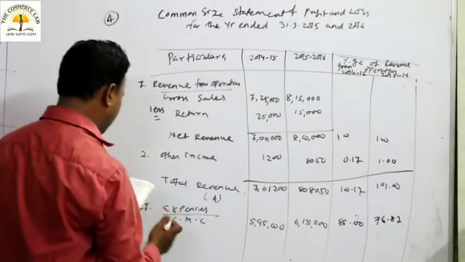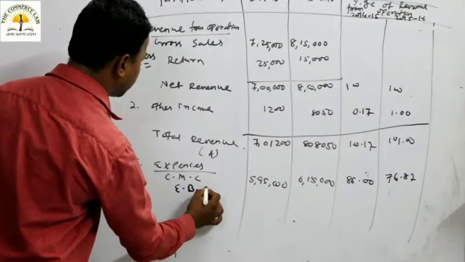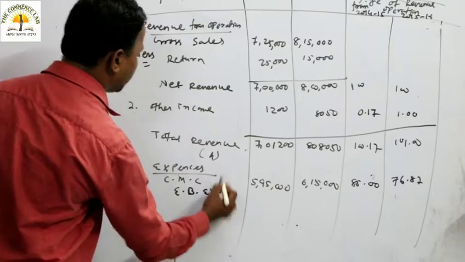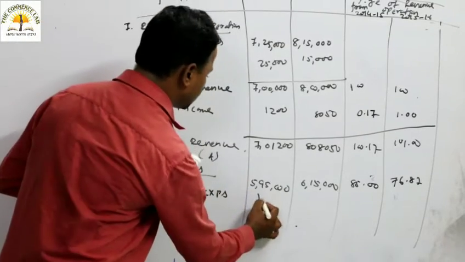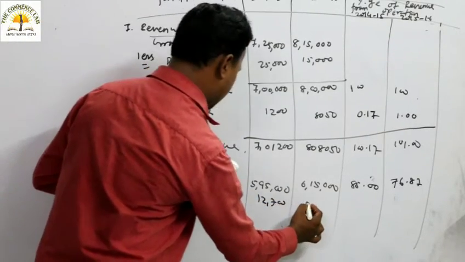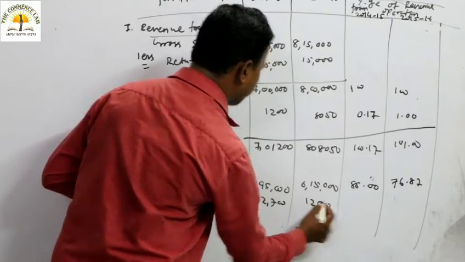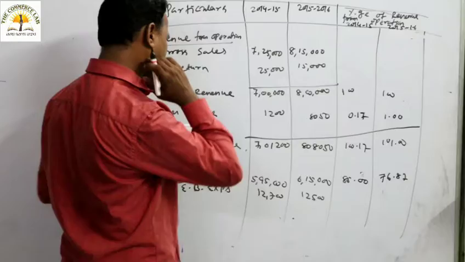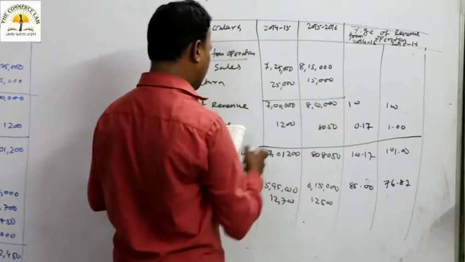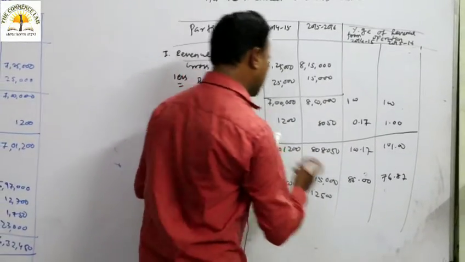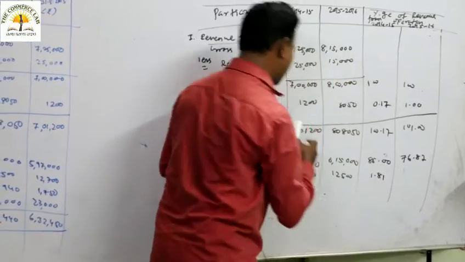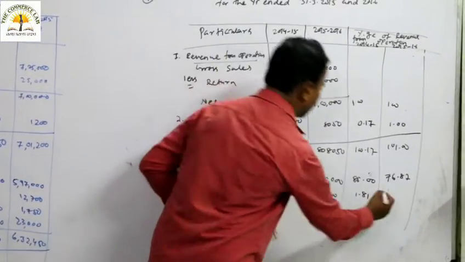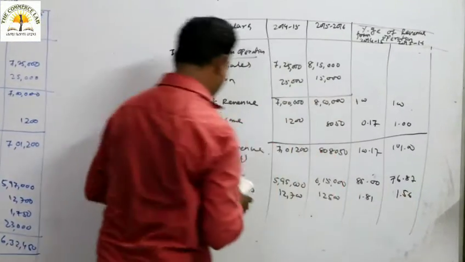Then employee benefit expenses: 12,700, and thereafter 12,500. The same calculation: 12,700 divided by 7 lakh, then 12,500 divided by 8 lakh. You get 1.81, and the other one 1.56.